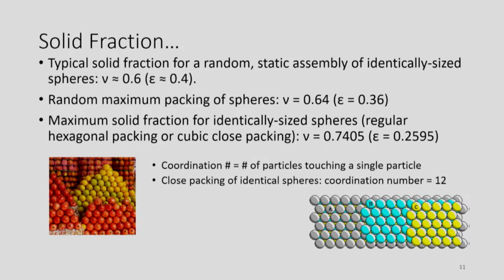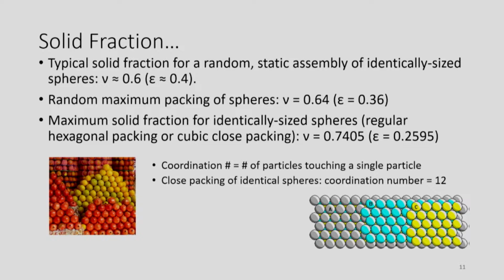Again, there are different packing methods, like regular hexagonal packing and cubic close packing. This is a picture for cubic close packing. When one spherical particle is touching 12 other particles, that's very close packing.